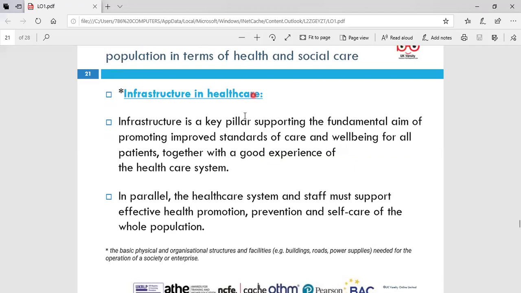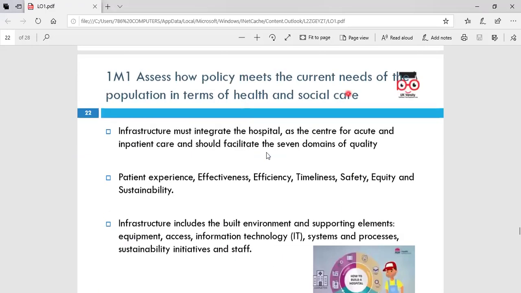Then assess how policies meet the current needs again. So infrastructure must integrate the hospital as the center for acute and inpatient care, and should facilitate the 7 domains of quality. What 7 domains of quality do we have? We have patient experience, effectiveness, efficiency, timeliness, safety, equity, and sustainability.